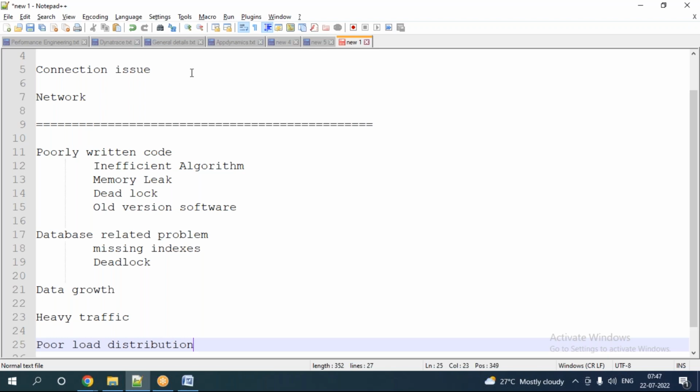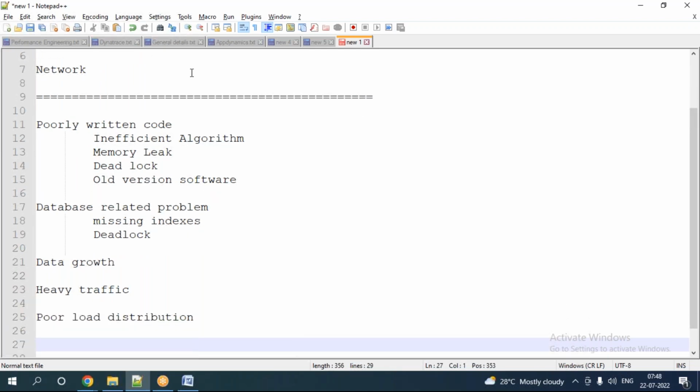Okay, heavy traffic or poor load distribution. I mean your load balancers or your load balancing, you are doing it in a wrong way. Okay, or you are having some problem with your DNS, firewall, or the network configuration. Okay, or your network connectivity related.